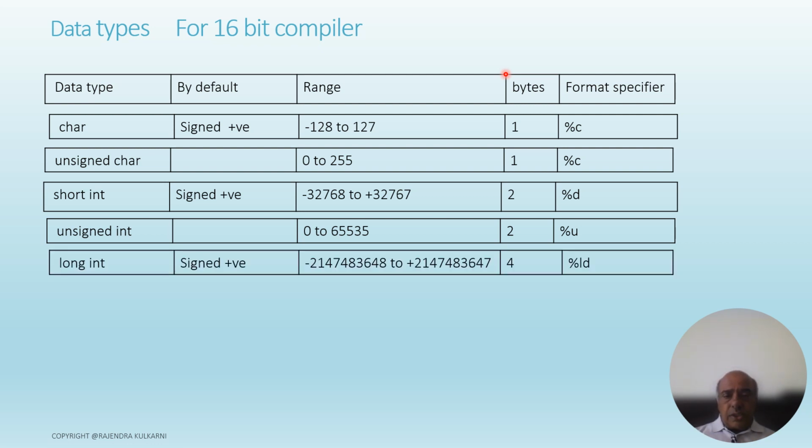Then there is a long int. Long int is a data type which is allotted 4 bytes in memory. By default, when there is no sign mentioned, it is taken as positive. The range is a big range, and the format specifier is %ld, with a small l.